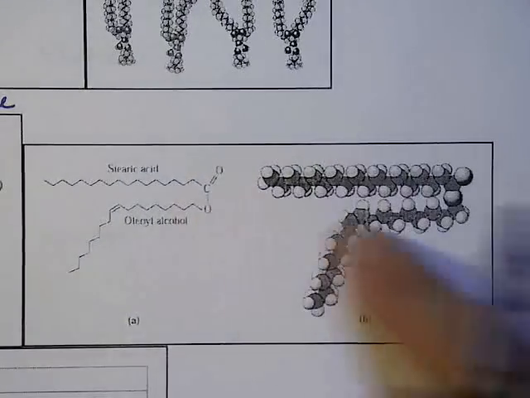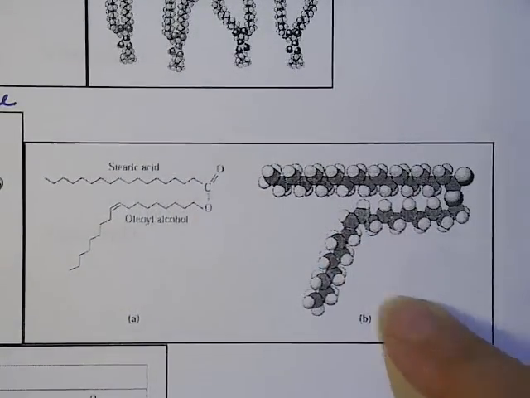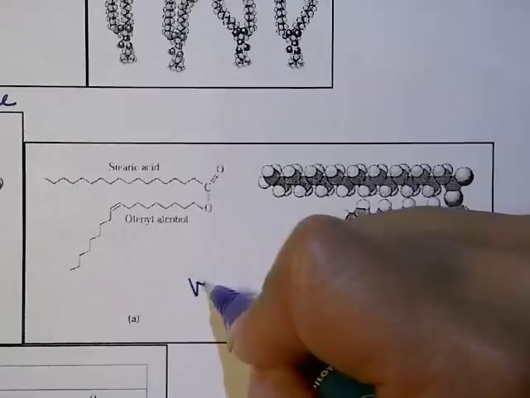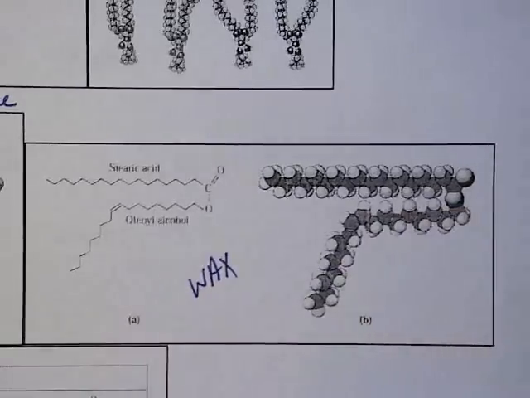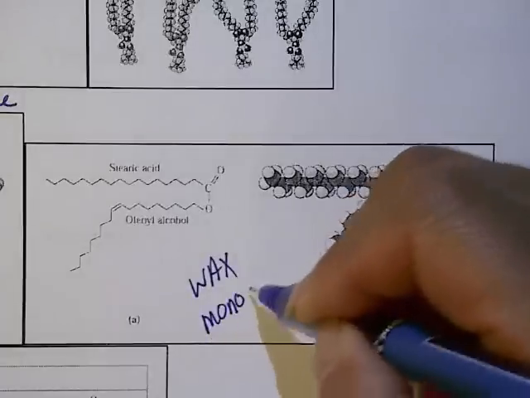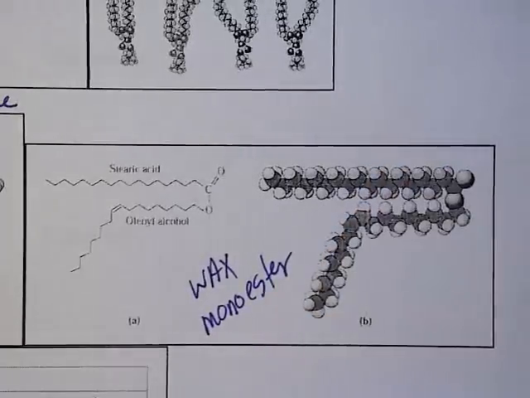Okay, and this I just stuck in here because that's the only place it fits. But this is an example of a wax that we talked about. So this is a mono ester, not a triester, and this is what you find in candles and even wax that coats fruits and leaves.